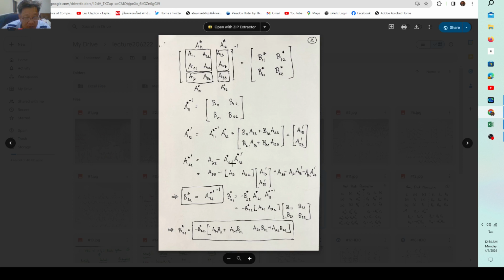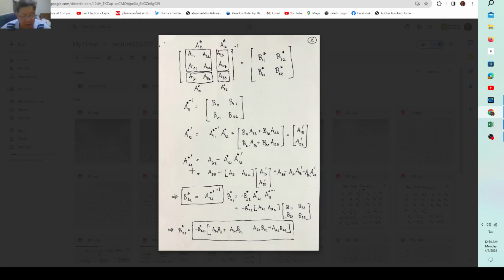Then you can substitute A21 star over here. A21 star is A31 and A32, and A12 star prime is over here. We already said this is A13 prime and A23 prime. So based on the matrix multiplication, A22 star prime will be equal to A33 minus A31 times A13, and then minus another A32 times A23 prime.